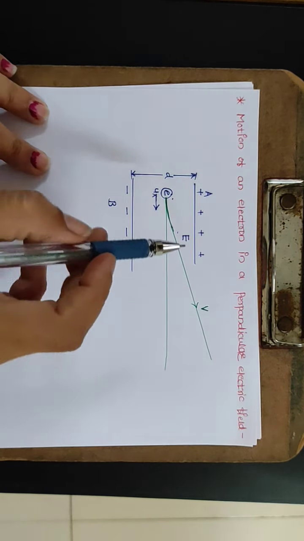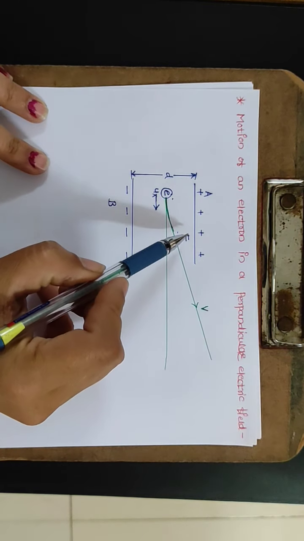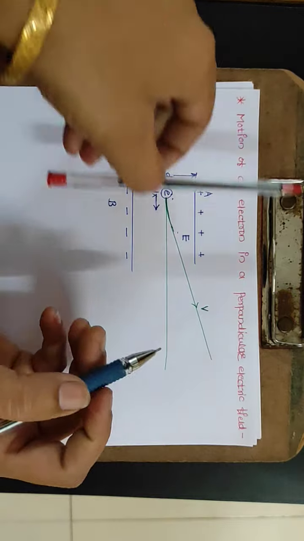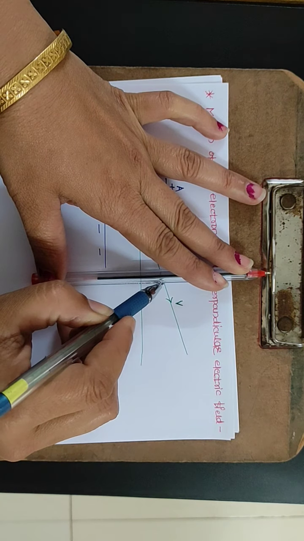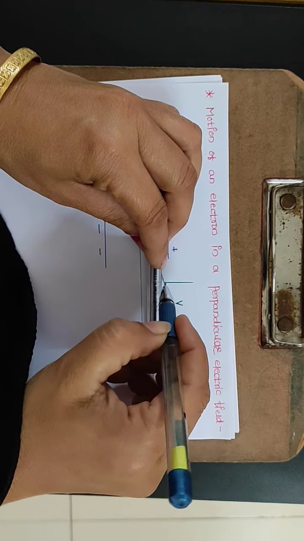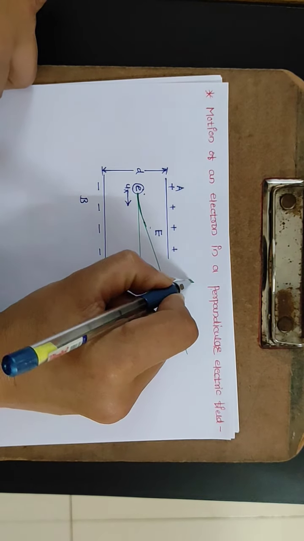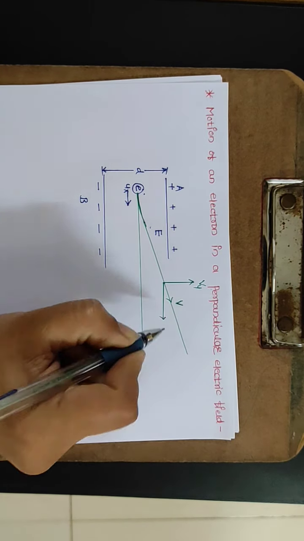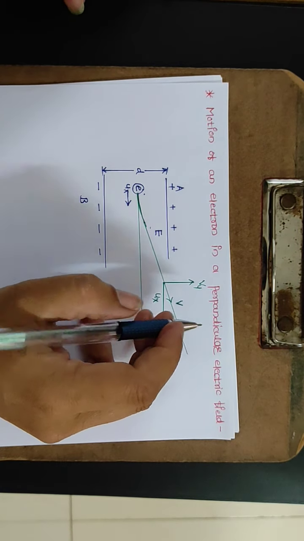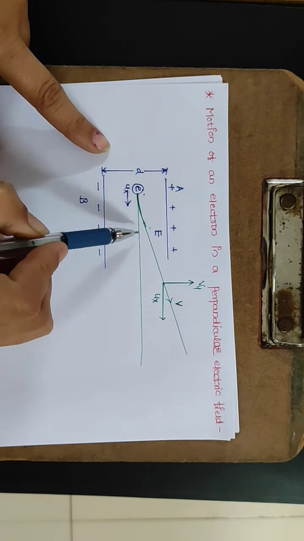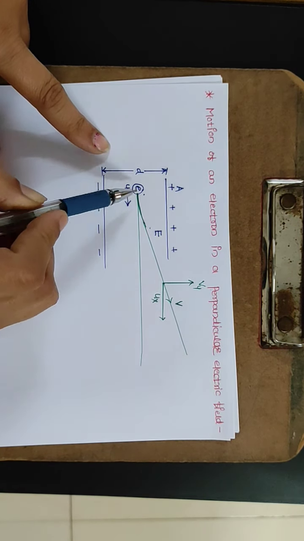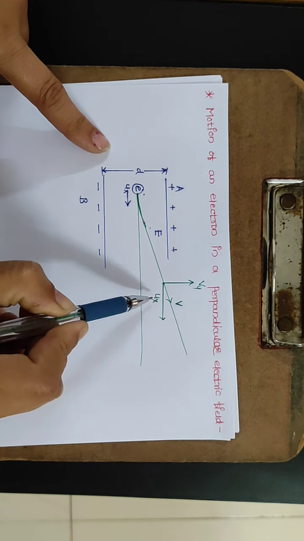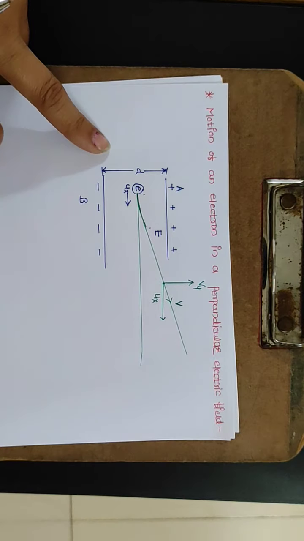While the electron is passing through the plates, it gets accelerated along the y-axis, and the axial velocity ux remains constant or unchanged as there is no force along the x-axis.